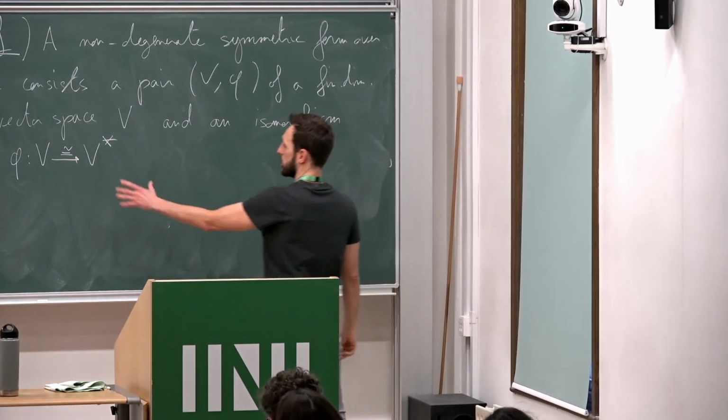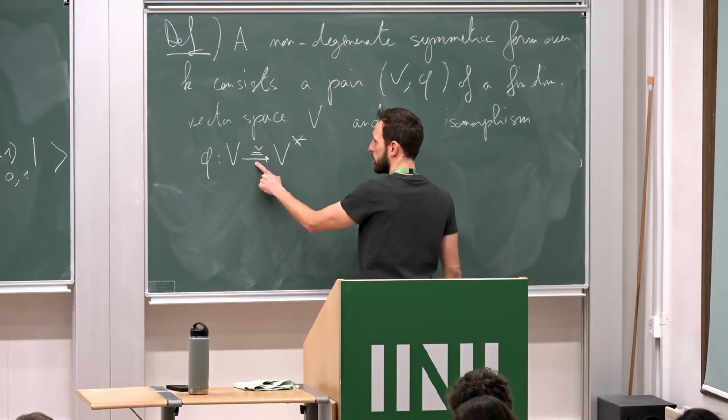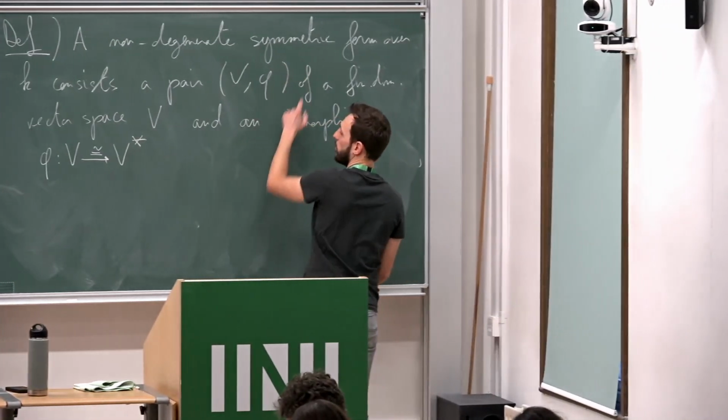So this is a form, it's non-degenerate because it's an isomorphism, and I'm missing symmetric.